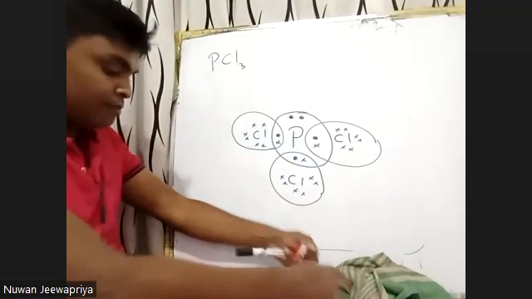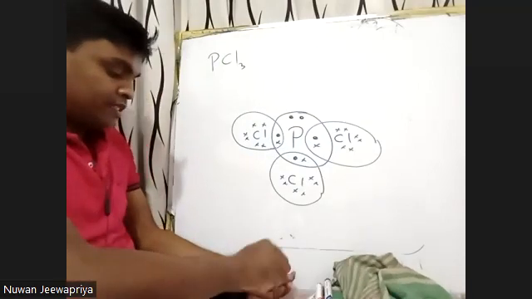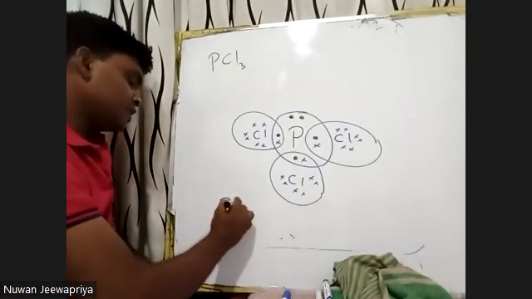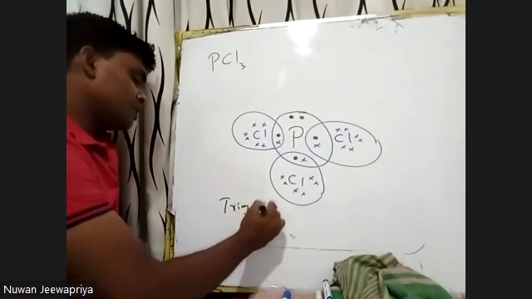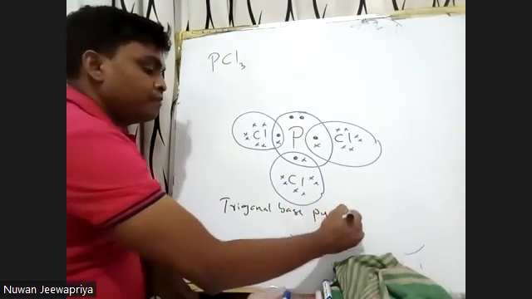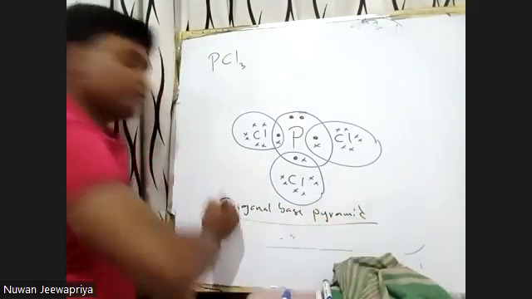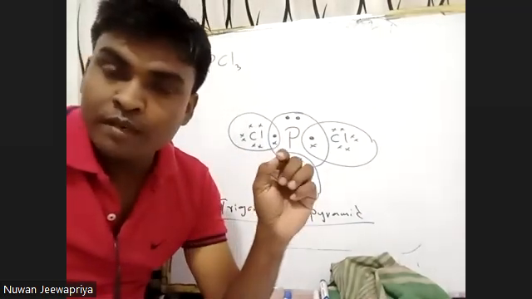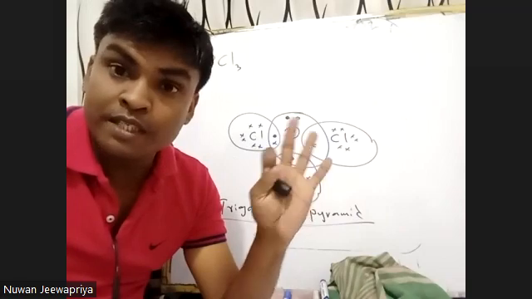So what is the shape of this molecule now? Very simple. The shape of the molecule is trigonal base pyramid. But how do we write the answer to earn the 3 marks?